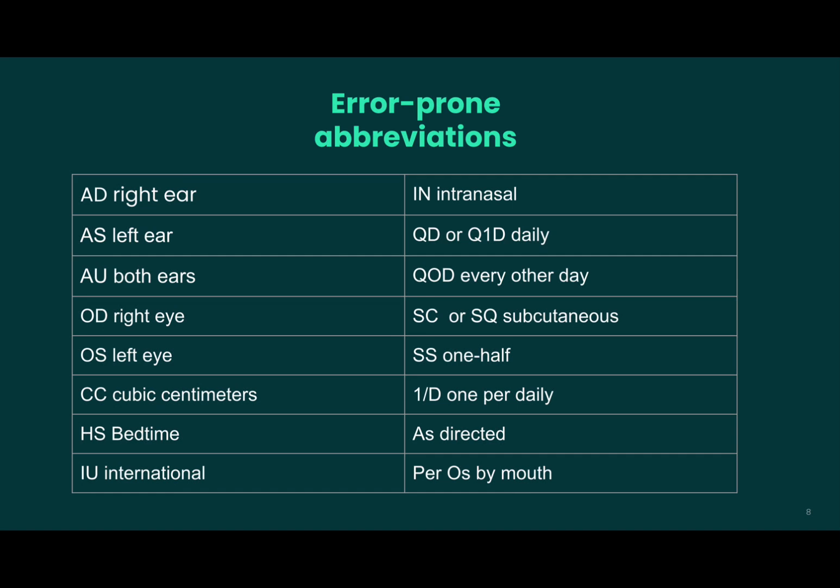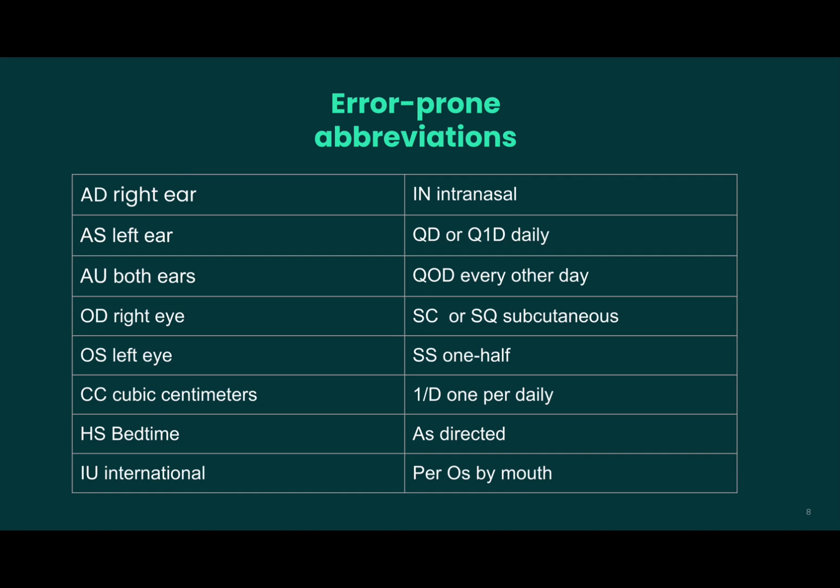IN, intranasal, often mistaken as IM, intramuscular. QD, daily, can oftentimes be mistaken for QID, 4 times daily. QOD, every other day, can be mistaken for QD daily or QID 4 times daily. OD, right eye, can be mistaken as QD daily.